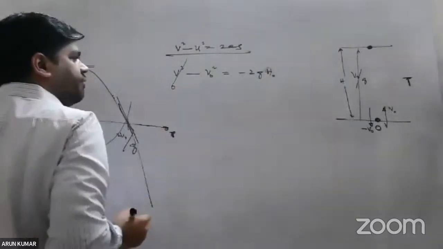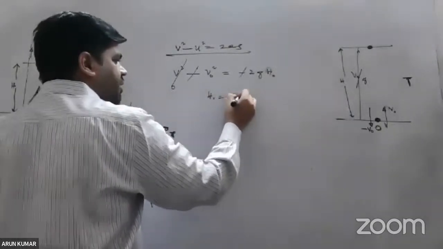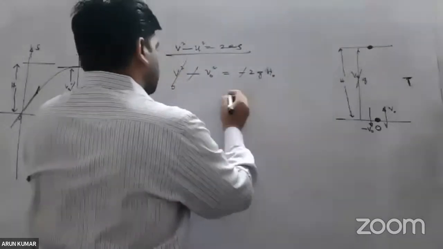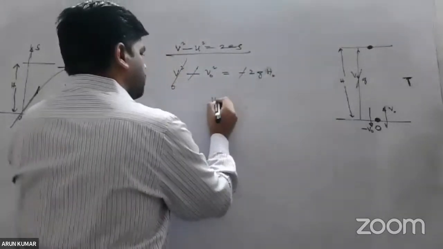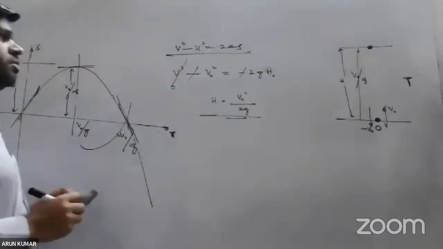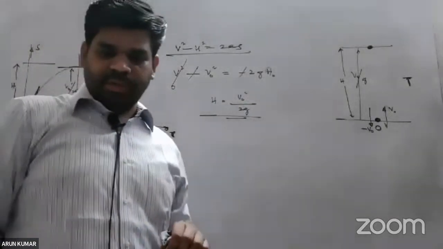So v is becoming 0. Final velocity is 0. This minus gets cancelled out. So h is equal to v naught square by 2g. That's the maximum height reached. So you have solved the first question. Yes, sir. Yeah, good.